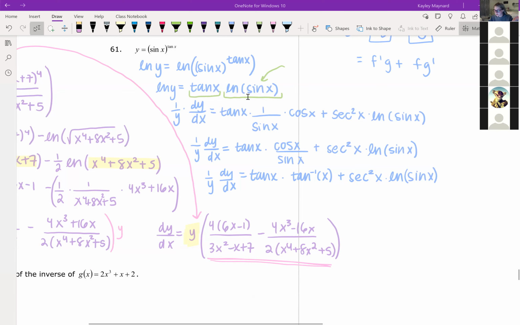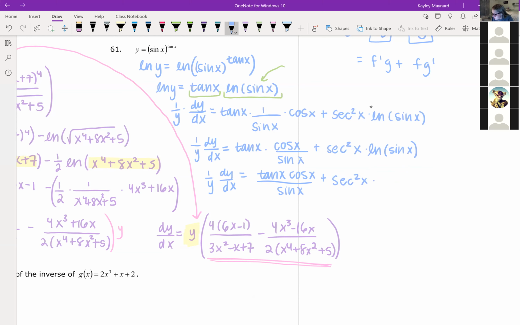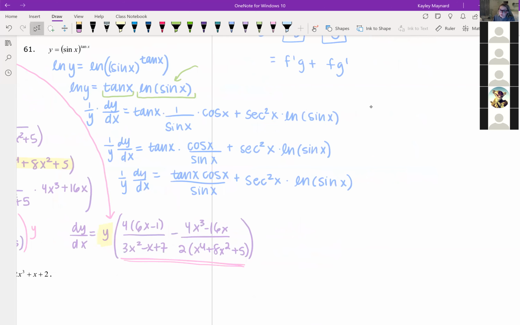So you could totally do tangent x times cosine x over sine x instead. It would still simplify to the same thing I just had. Okay, so we'll just leave it as this. It's just a matter of simplifying.